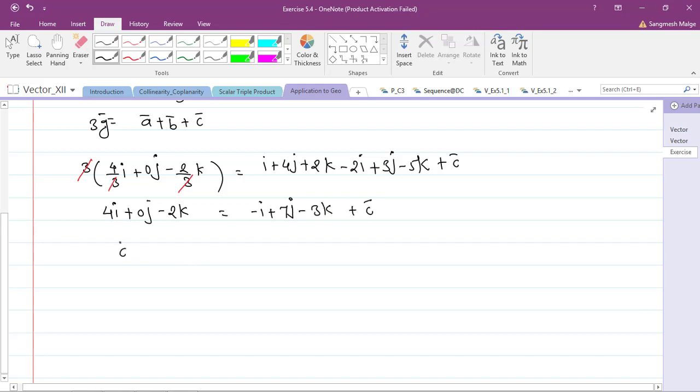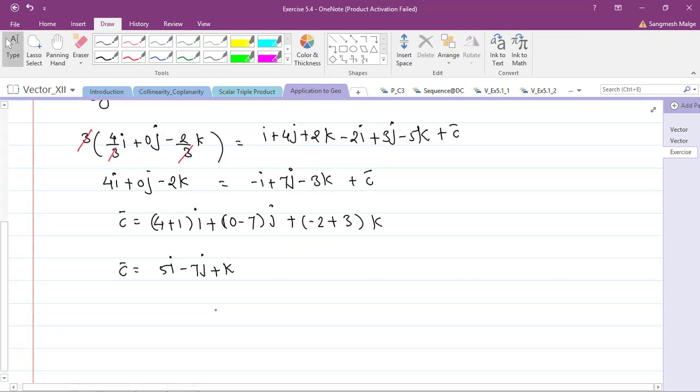So C bar equals, taking these to the left hand side, 4 plus 1 I plus 0 minus 7 J plus minus 2 plus 3 K. So C bar equals 5I minus 7J plus K. This is the value of C bar.